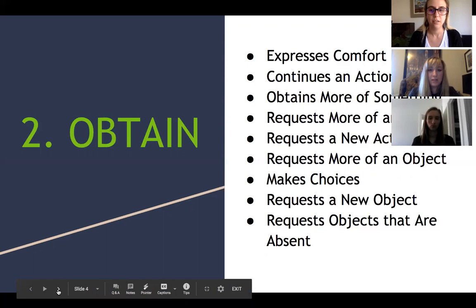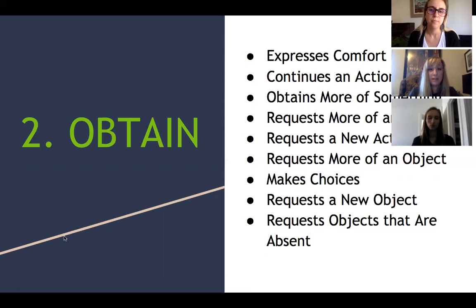So this could mean they're asking for a specific food that they like, or a toy that they like, or even a video or an action like being picked up and held, or tickled, or watching their favorite show.